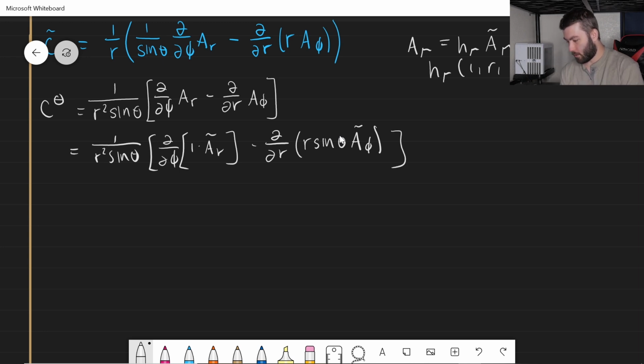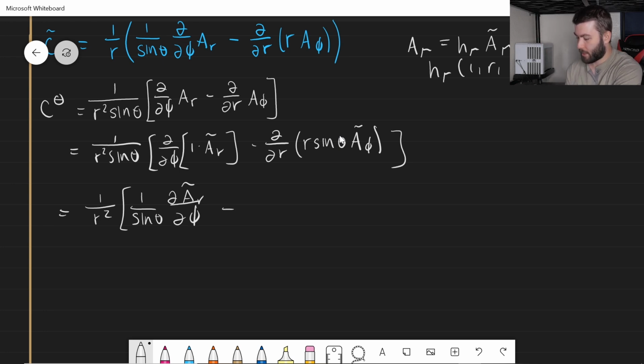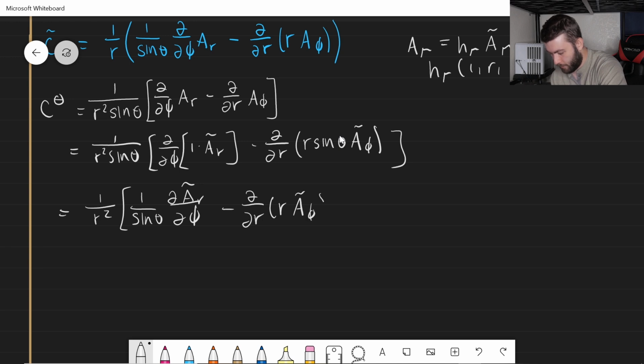Okay, so I'm going to go ahead and distribute the 1 over sine theta inside. So this is going to be equal to 1 over r squared, 1 over sine theta, d A sub r tilde over d phi, minus, that cancels the 1 over sine theta in this derivative, so it's minus d over dr of r A tilde phi.